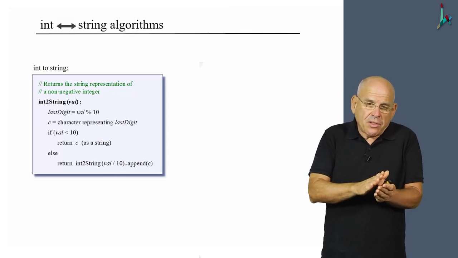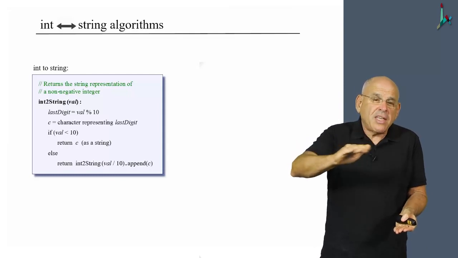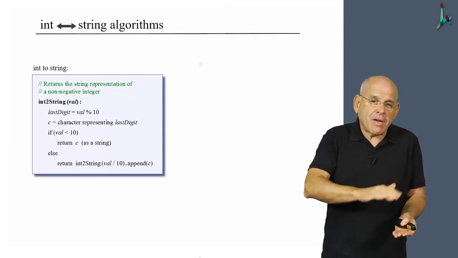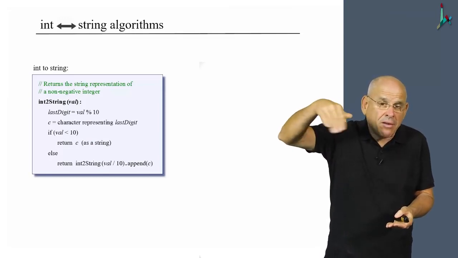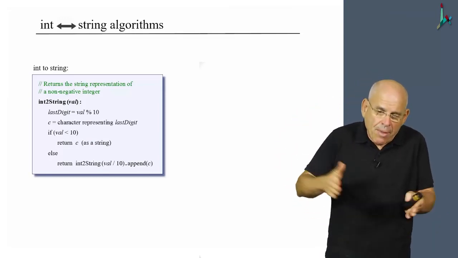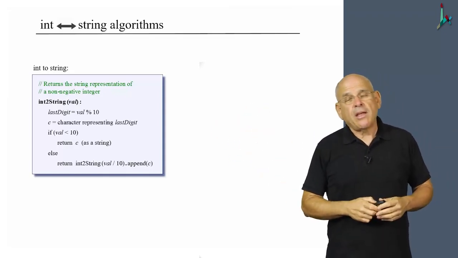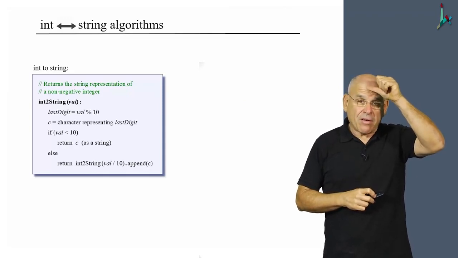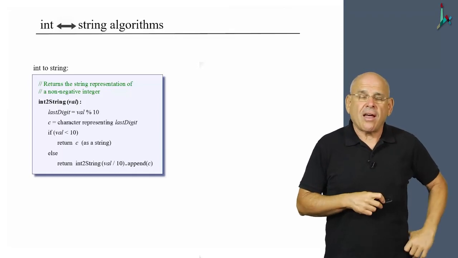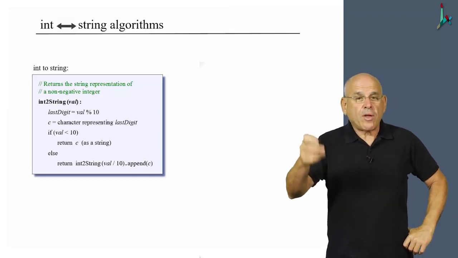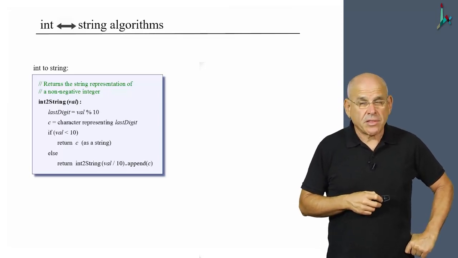And because recursion grows the stack, as we learned in previous units, all these C's remain in various levels of the recursion. And as I unwind from the recursion, as I return from these recursive calls, I'm going to do append, append, append, and I'm going to end up with a string that holds the character equivalents or the ASCII codes of all the digits that made up 123. So that's how I convert integers to strings.